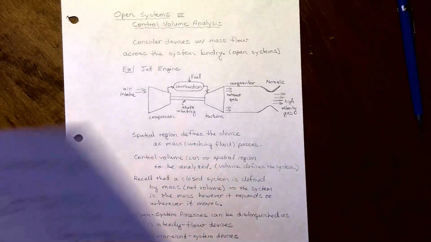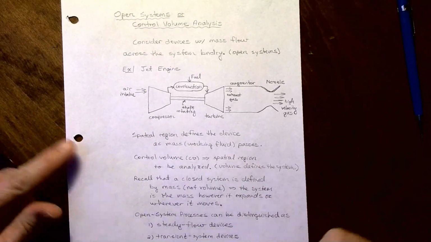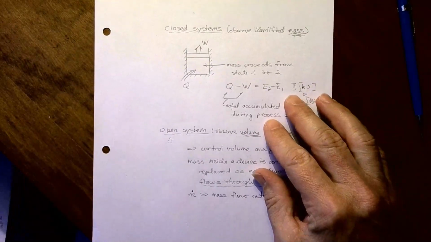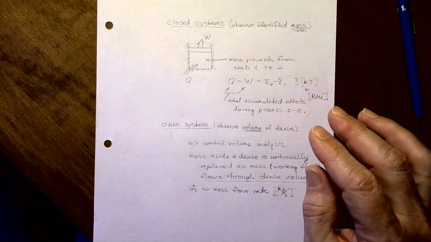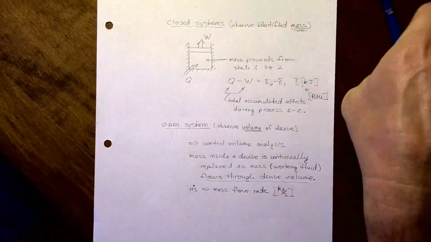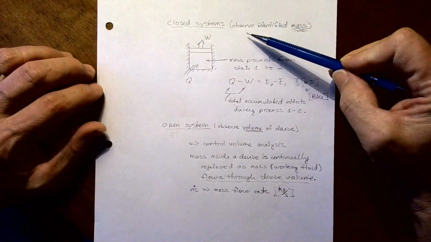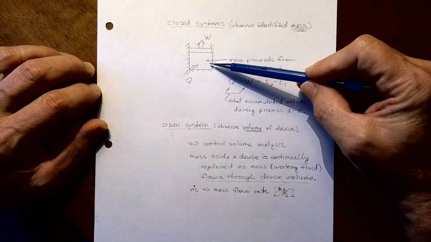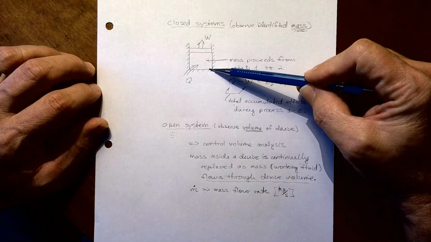To keep this in perspective, let's compare this to what we've been doing so far in the class with closed systems. Through chapter 3, we've only considered closed systems, so we never have mass crossing the boundary of our system. Effectively, the system is identified by mass. We're saying, here's a chunk of mass that's going to be our system, and let's watch what happens to it over time.